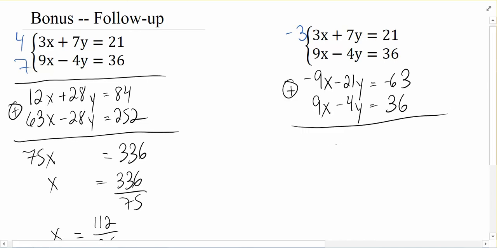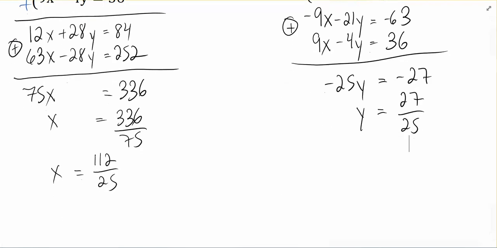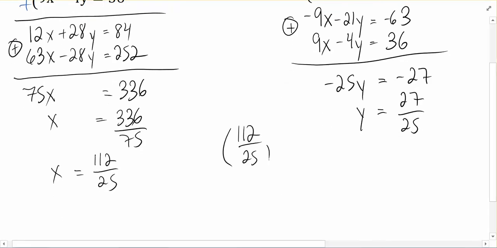So when I add these together, I get -25y equals -27. And if I divide by the -25, I get 27/25. And so I get this exact same super crazy answer without all the crazy work.